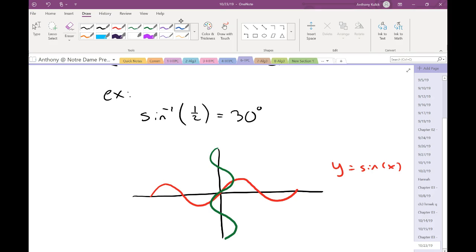So the trick that we're going to do is we're going to restrict the domain for sine. We're going to cut off here and here and only use this part in the middle.